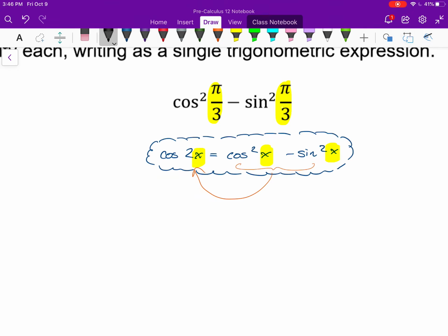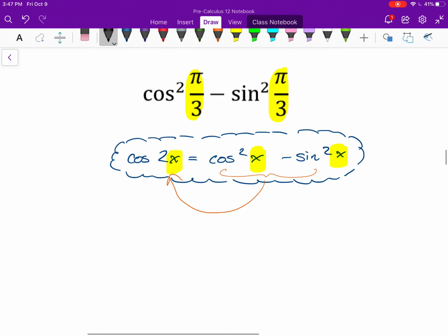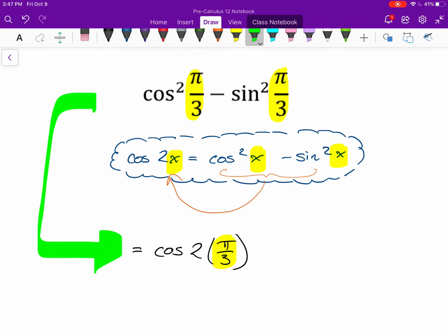So let's do it. So I can rewrite cosine squared of pi over 3 minus sine squared of pi over 3 as just the cosine of 2 times pi over 3. Again, what I did from here to here relates back to going from here to here.